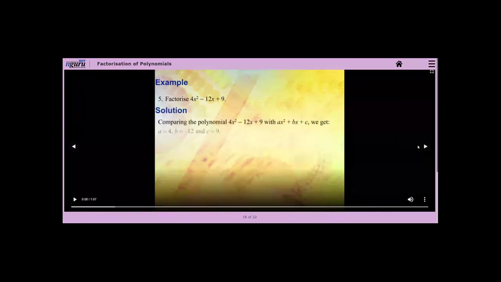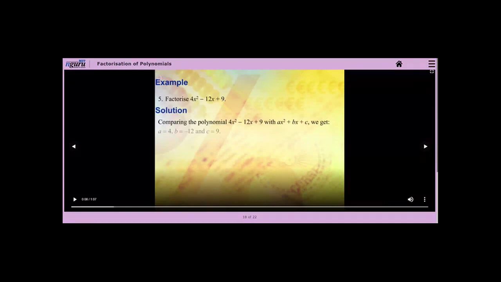The answer is 2x minus 3 and 2x minus 3. 4x squared minus 12x plus 9 is 2x minus 3 and 2x minus 3, that is 2x minus 3 the whole square, right? Yes, ma'am.